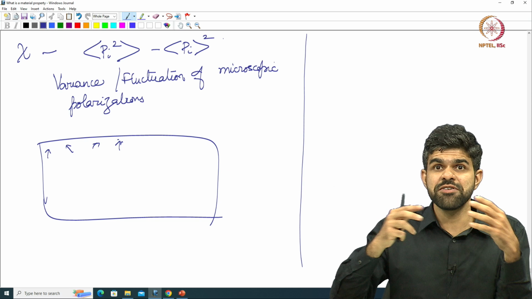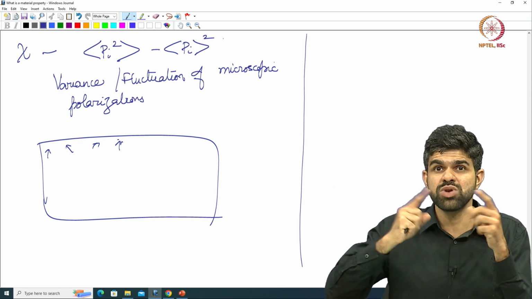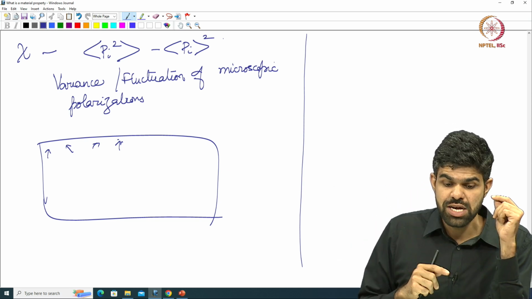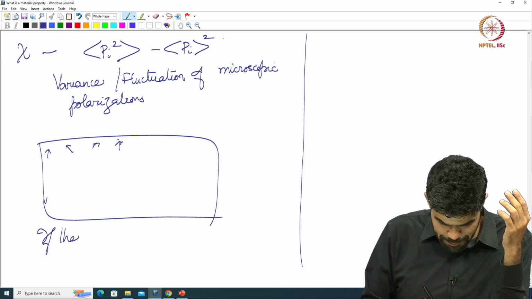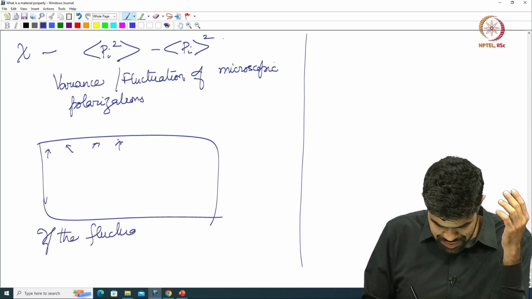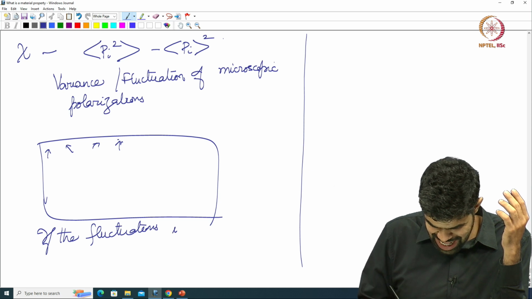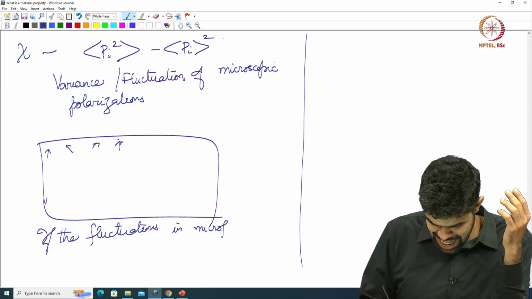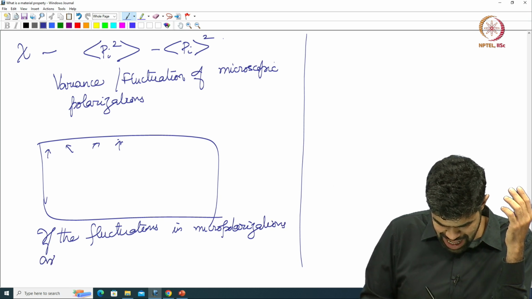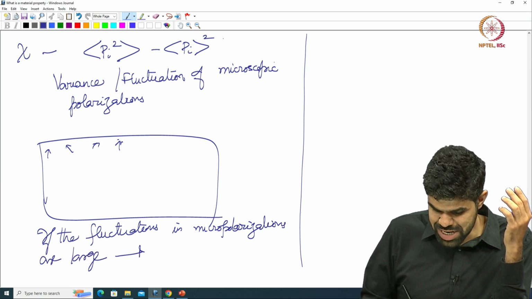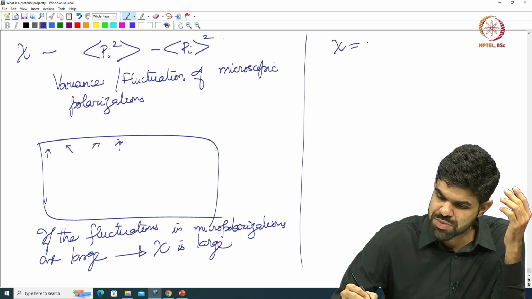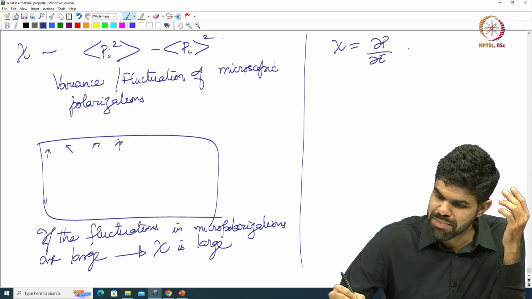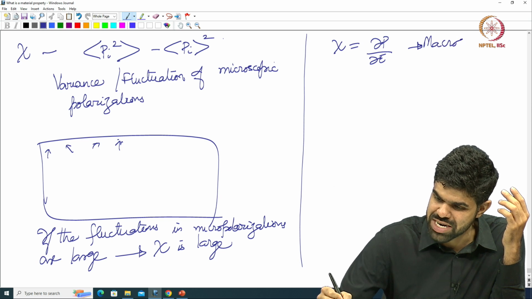So over time, if my states are changing and these polarizations are fluctuating, then if the fluctuations are large, my susceptibility is large. Susceptibility turns out to be dou P by dou E. This is the macroscopic definition of susceptibility.